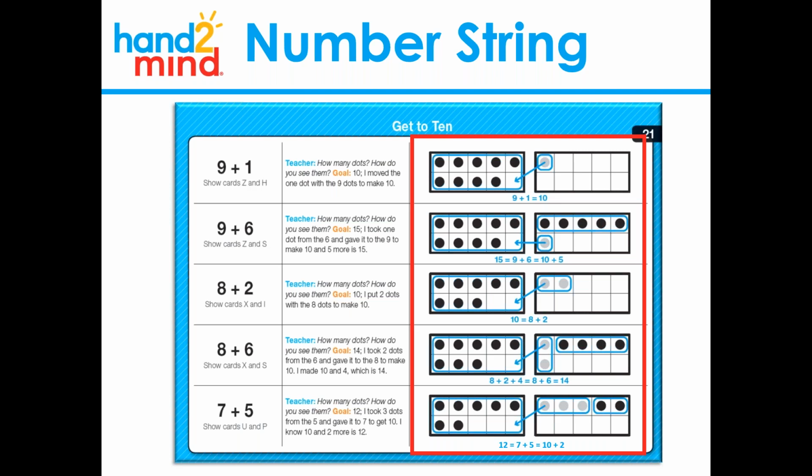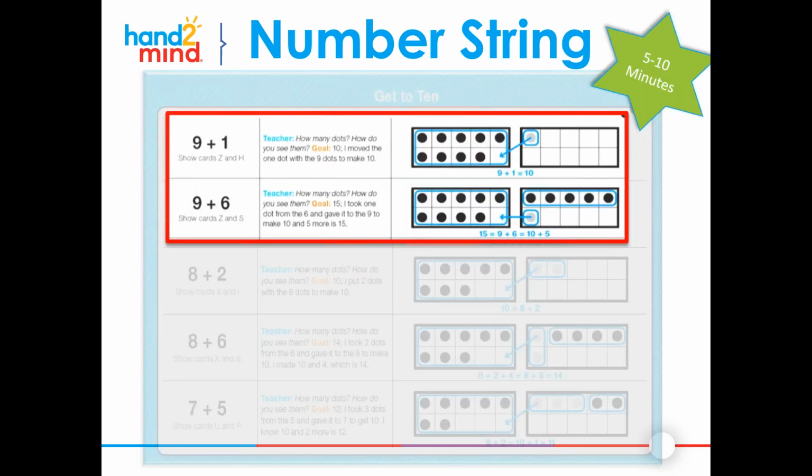So this is an example of a number string. And this is an example of one of our number string cards that we have here at Hand to Mind. We'll talk more about this at the very end too. So just know that a number string is considered to be a 5 to 10 minute routine.